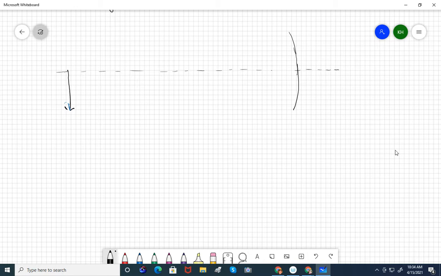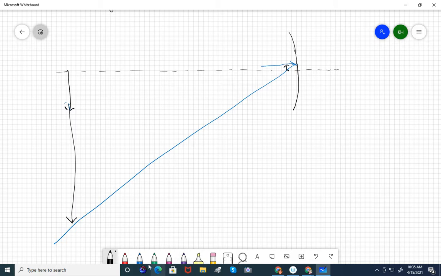So if the object's here and the focal point is right there, almost exactly by it, you've got light coming in here, but when it reflects through that focal point, it goes way down here. You end up with an object where the light all actually meets way down here.